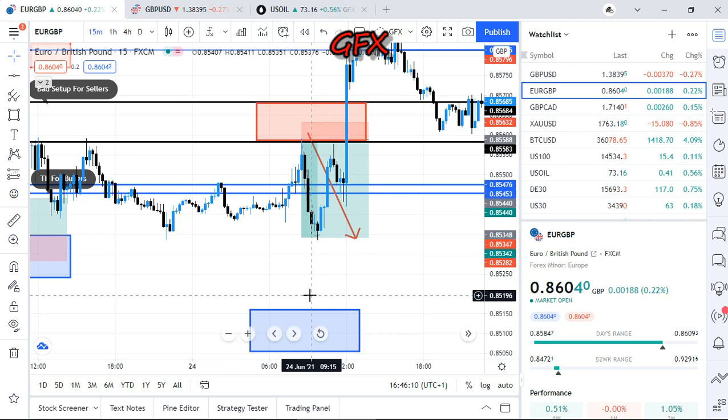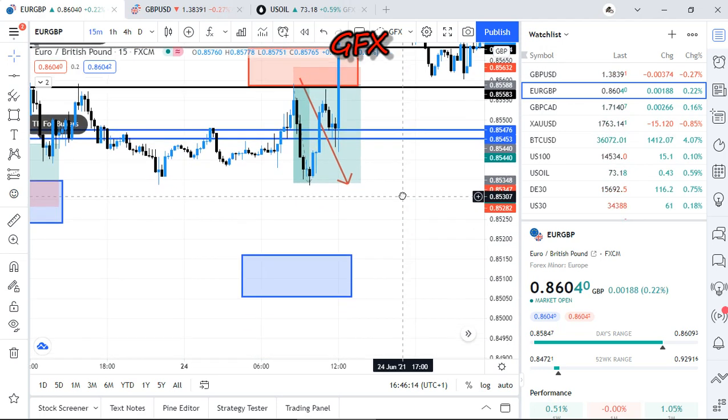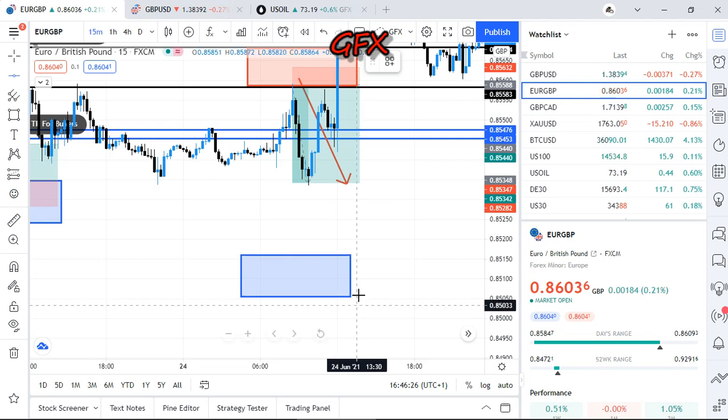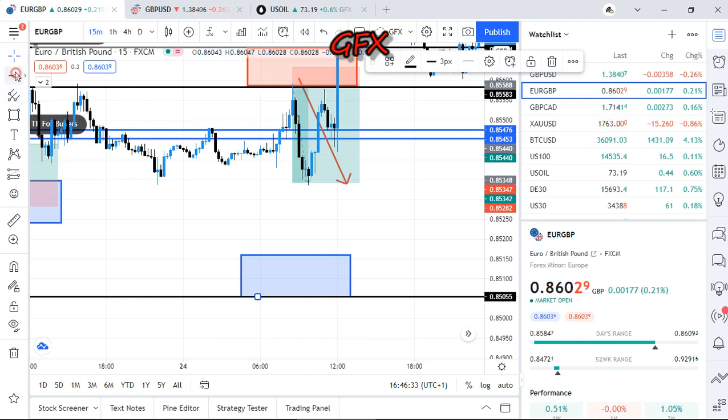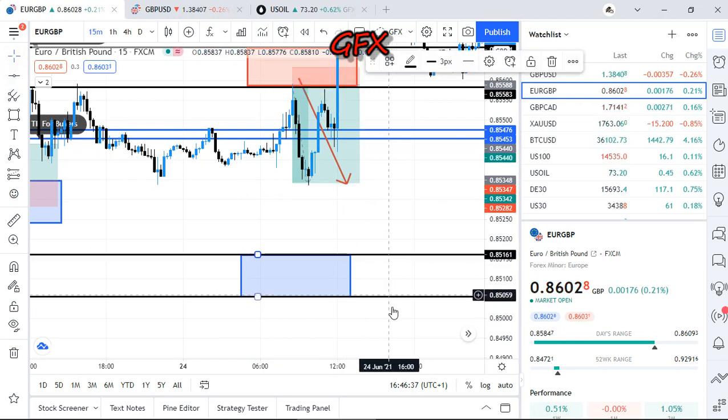Then the same thing for the demand zone. I'm going to come in the morning and say, for the demand zone on Euro GBP, you start from below. The first line, if it's a demand zone, is always the one below.